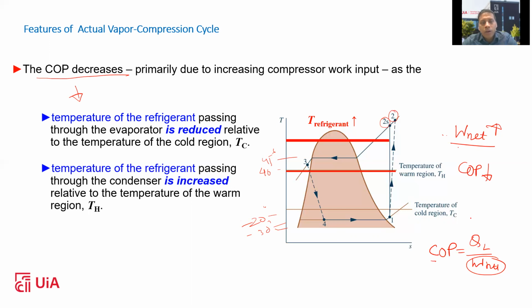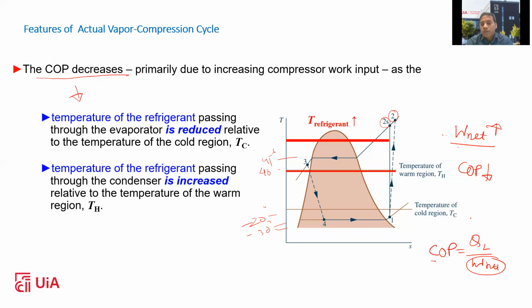And then we talked about some basic things about refrigeration basics, 4 components: the compressor, the condenser, the expansion valve, and the evaporator. And then we talked about the basic principle of the vapor compression cycle.